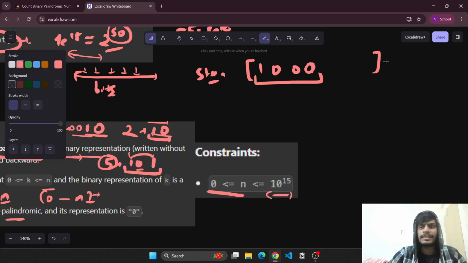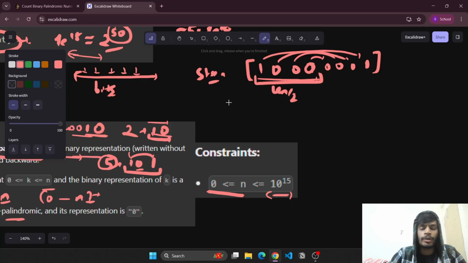For this entire binary representation to be a binary palindrome, the first half of the portion that we have should be mirrored. So this 0 should have 0 here, this 0 should have 0 here, this 0 should have 0 here, and this 1 should have 1 here. That means we'll be simply mirroring the first len by 2 elements.